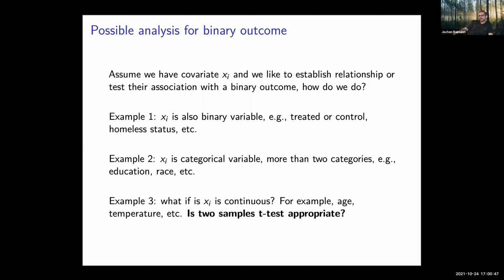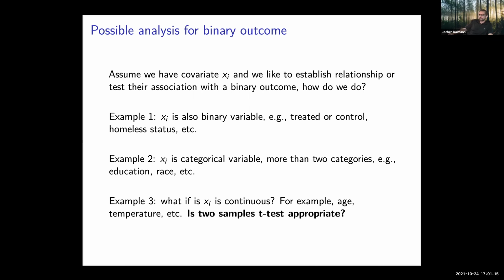So you have example 1 here that's listed by Professor Sang, where we have xi as a binary variable. So we have treated or control and homeless status. What essentially would that imply? Well, it's essentially somewhat a 2x2 table. You can calculate odds ratios ordered by this 2x2 table, but it is one of the use cases.